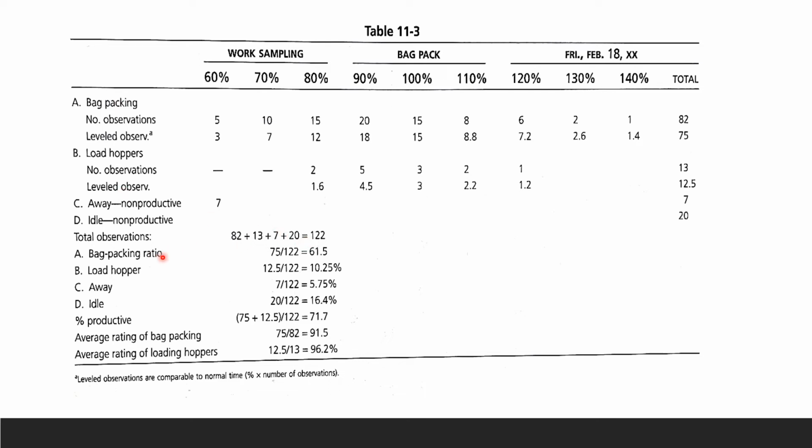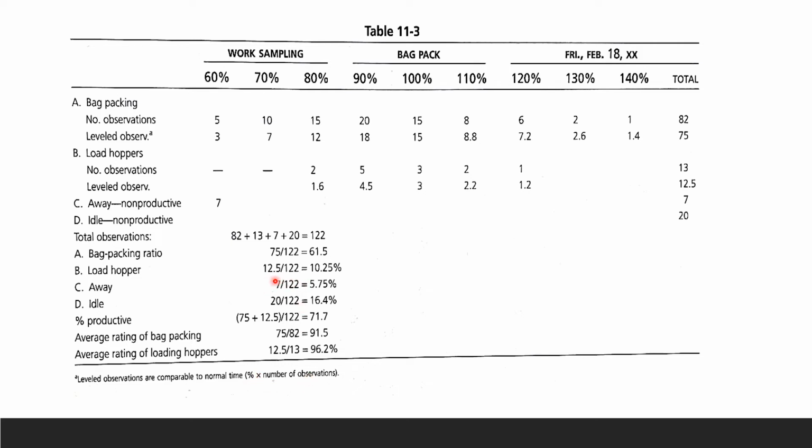So now we can get into percent work sampling. 75 divided by 122. This 75 is a good one because we leveled our observation. Leveling is nothing but making the observations comparable to your normal time, because we're looking at the percent times number of observations.